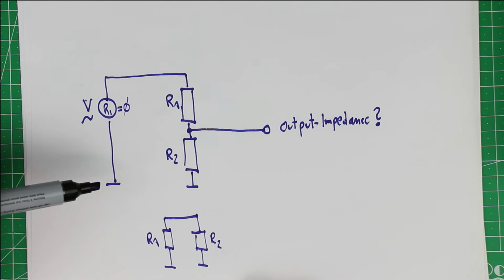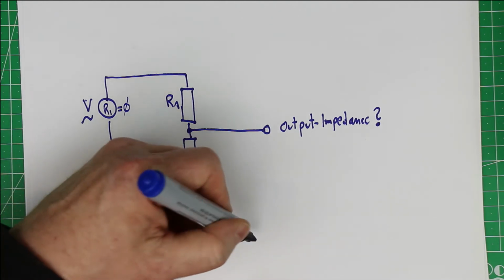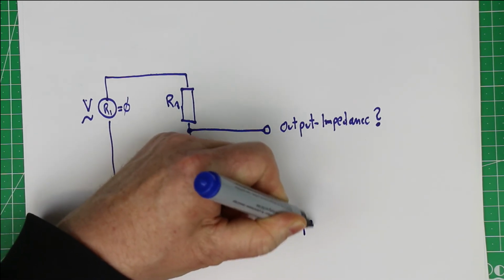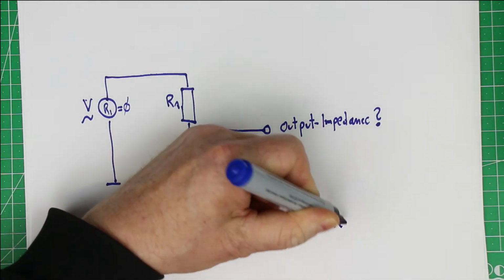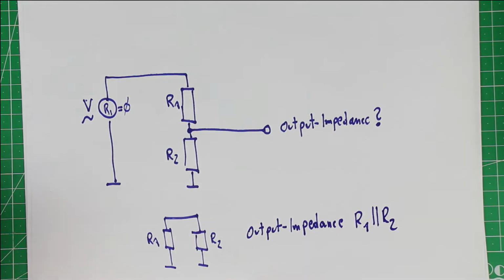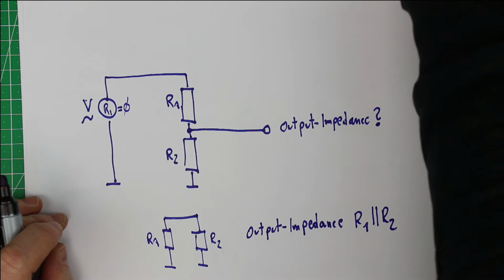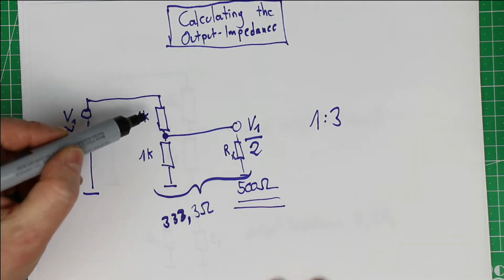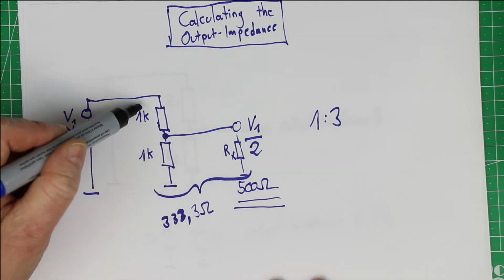And now everything becomes clear. The output impedance is simply R1 parallel to R2.